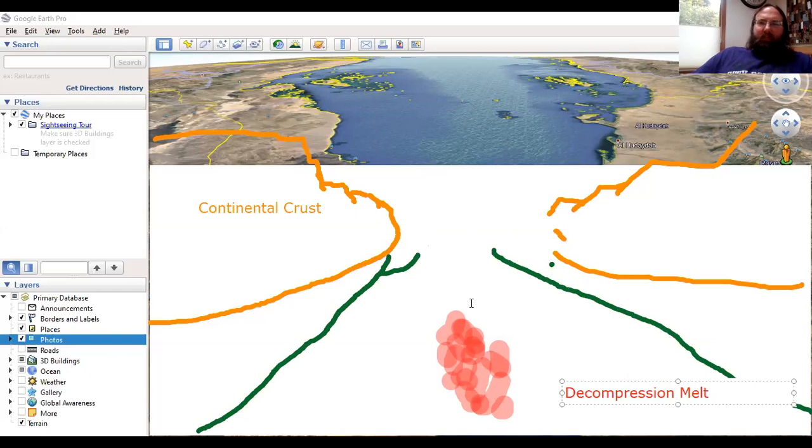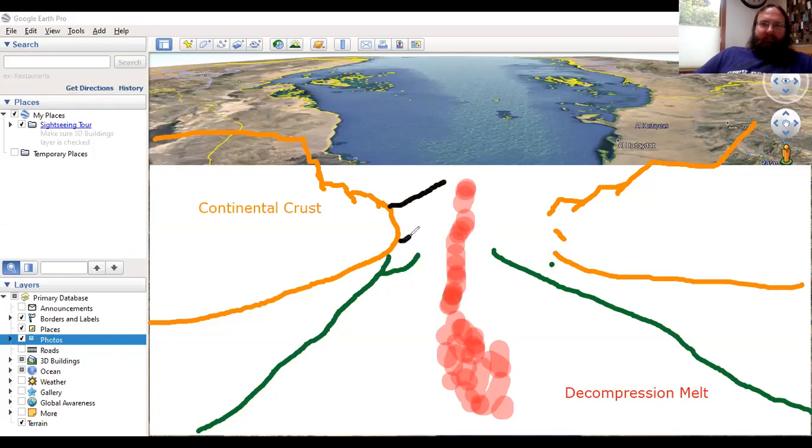But now that you've completely ripped apart the continental crust, this decompression melt is making its way to the surface. And what you're seeing at the bottom of this body of water here is the beginnings of oceanic crust coming out.